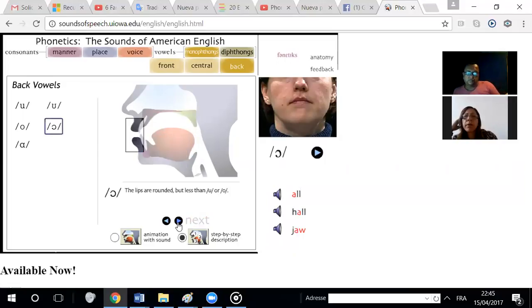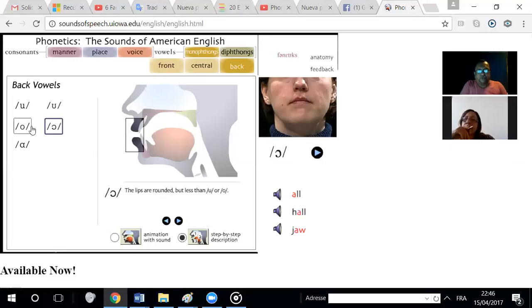The mandible is slightly lowered. The lips are rounded but less than for U or O. They are rounded, but not so much. The jaw is going to be lowered.